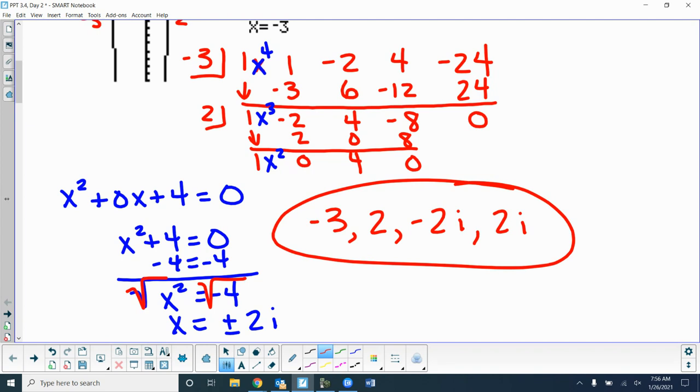And I like it when it works out like this. When that b is 0, I can go a lot quicker instead of using the quadratic formula. But if you put a is 1, b is 0, and c is 4 in the quadratic formula, you'll still end up with plus or minus 2i. So both will work.